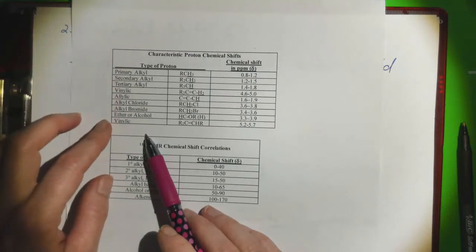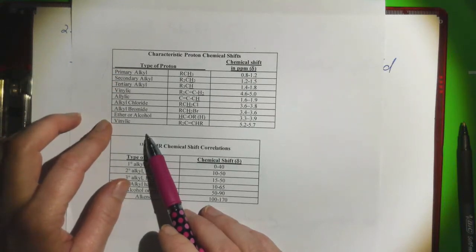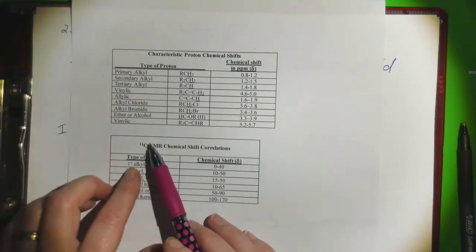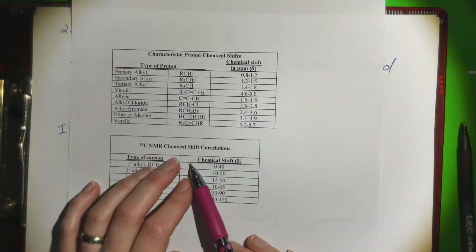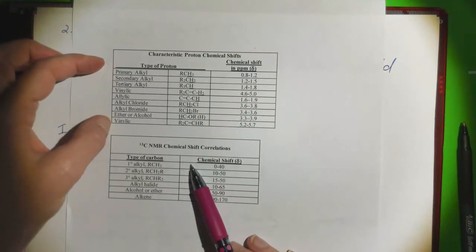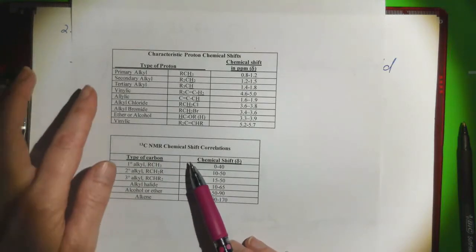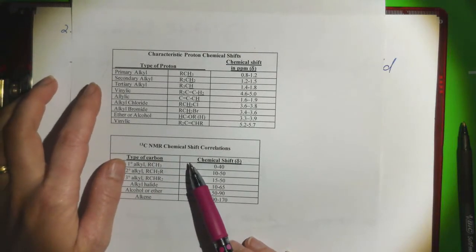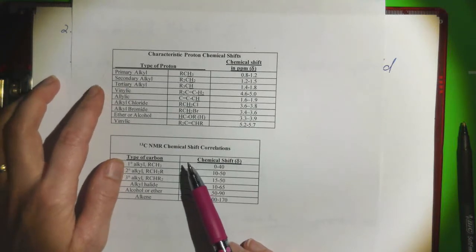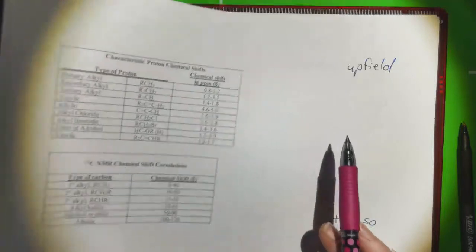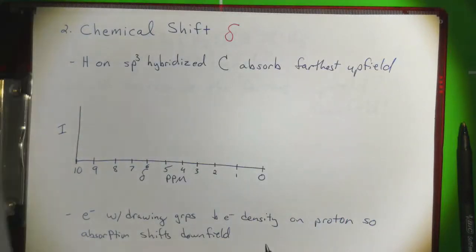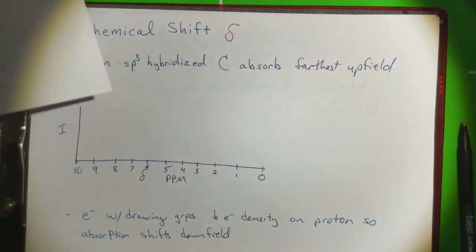So we're going to use this one today so you get some practice with it, and later in the chapter we'll start talking about carbon NMR. But for today, this is what we're going to be using. And I've posted a copy of this handout in Learn for you to reference for your problem set problems. Okay, so having said that, now let me put this aside.